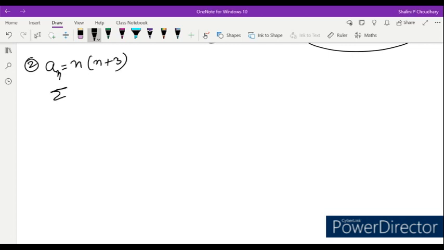So Sn will be the summation of an, right? So now we'll write k is equal to 1 to n, k into k plus 3. So k into k plus 3 we can directly write as k square plus 3k.